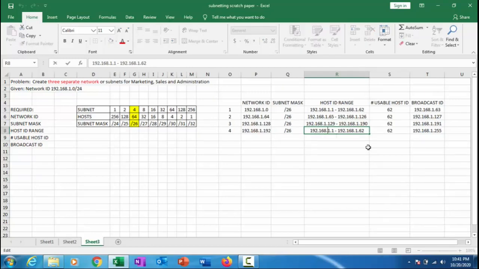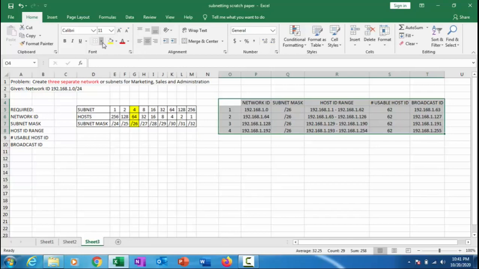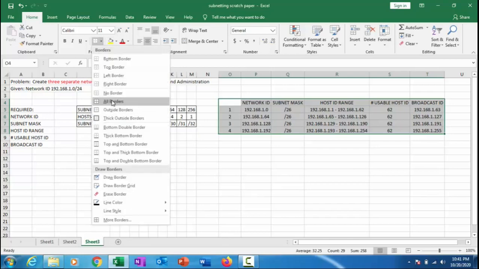So this is going to be 193. And then 255 minus 1 is going to be 254. Okay. So that's it. So our table is now complete and we've got it all correct.